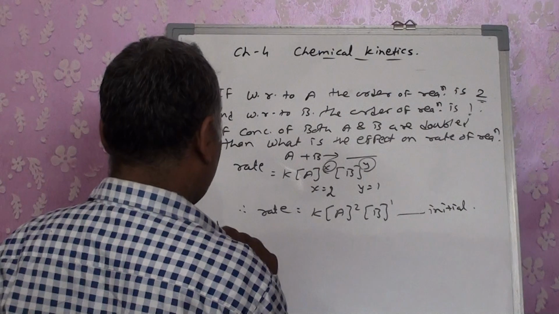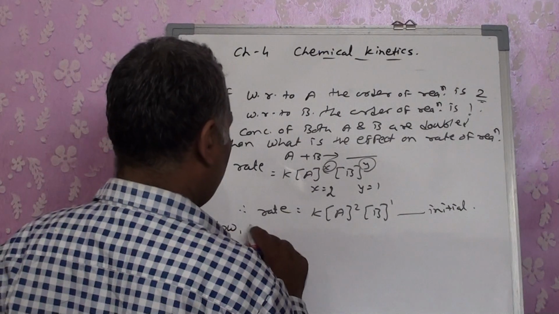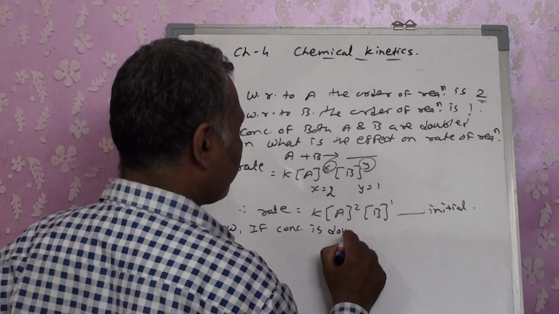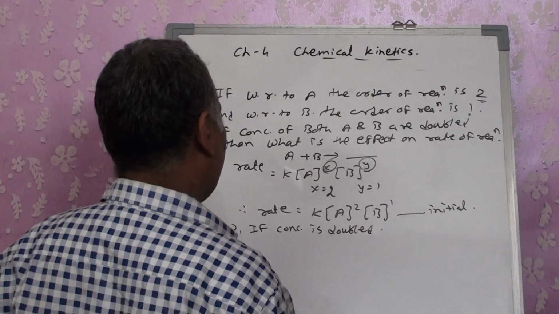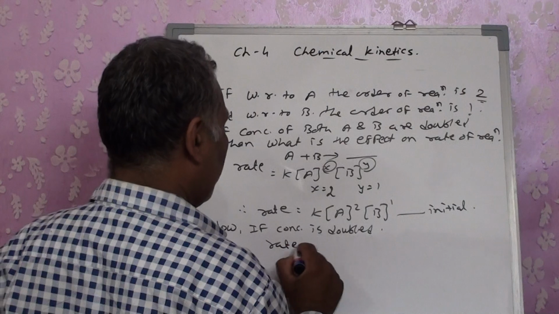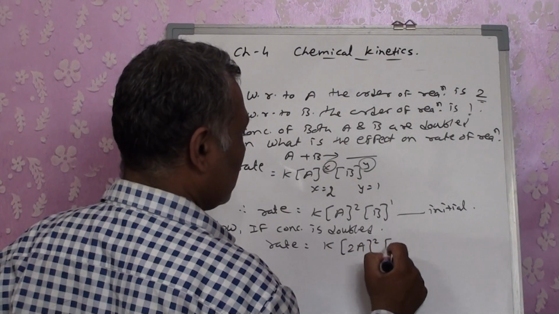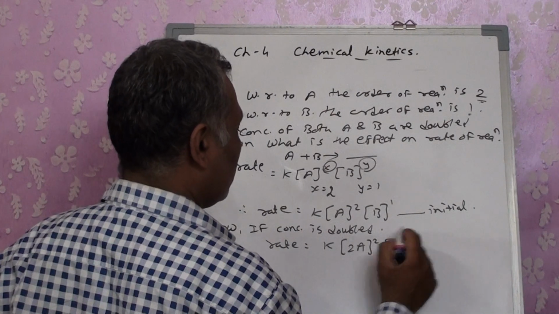Now, if concentration is doubled, what will happen? You will get the rate as K, A is doubled, B is also doubled.